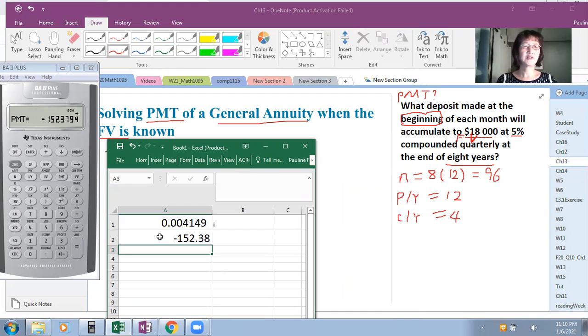So this is the same number as we get from the calculator. Excel, and the formula is here. Okay. If you type in the future value as a negative number, you will get a positive result. Okay. So this is the calculator method and the Excel method.